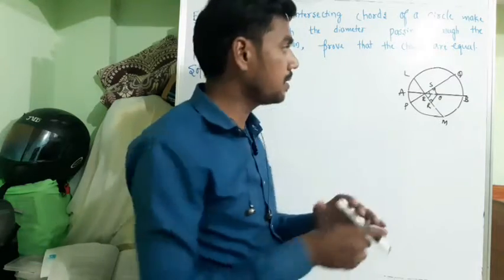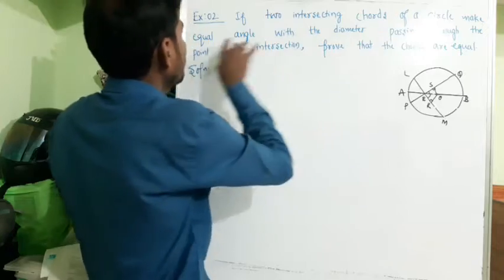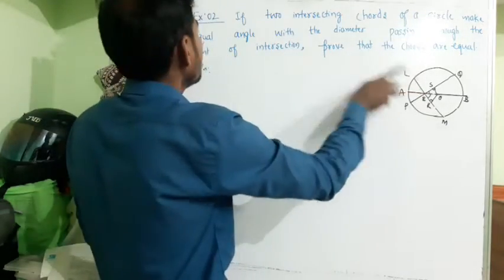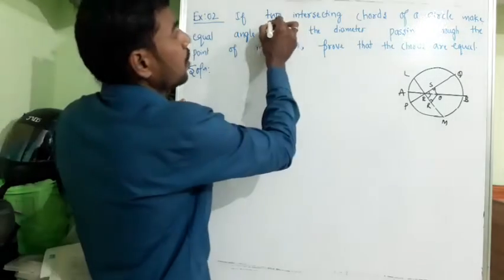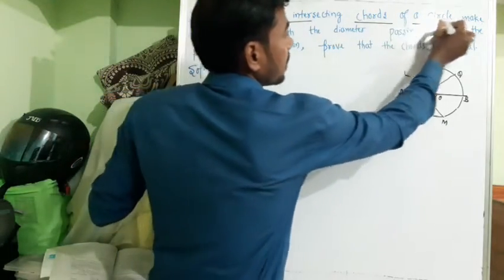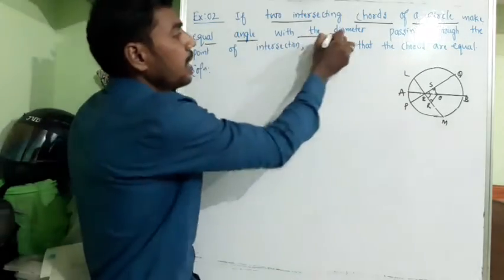That is given because the diameter passing through the point of intersection is going to make equal angle. Or else, two intersecting chords of a circle make equal angle with the diameter.